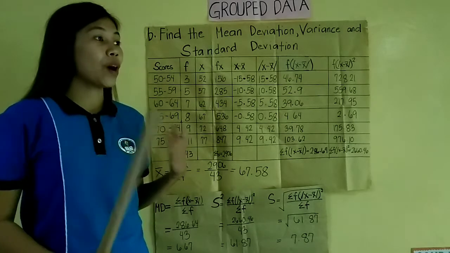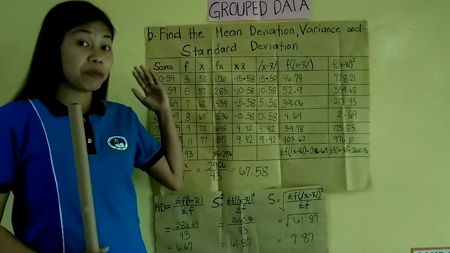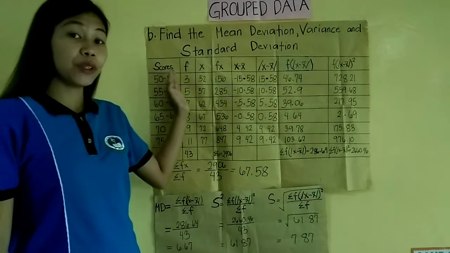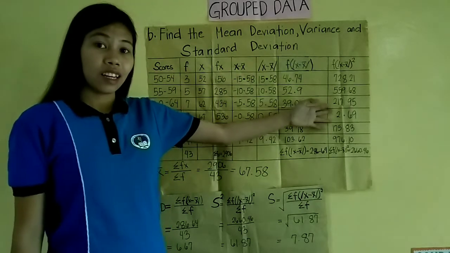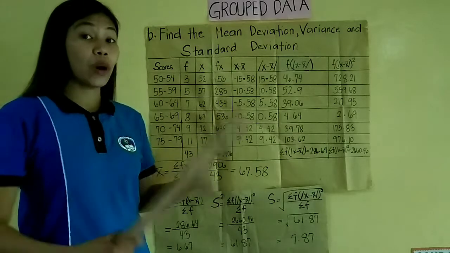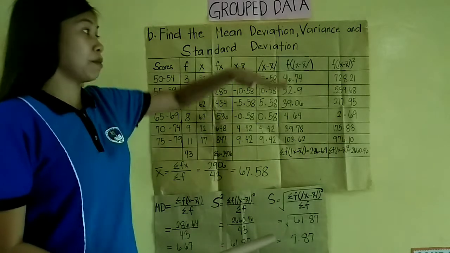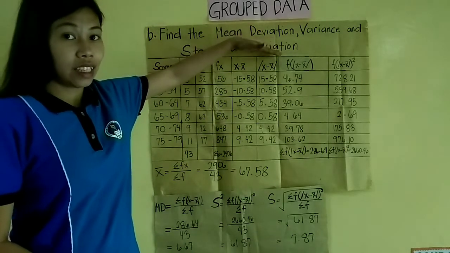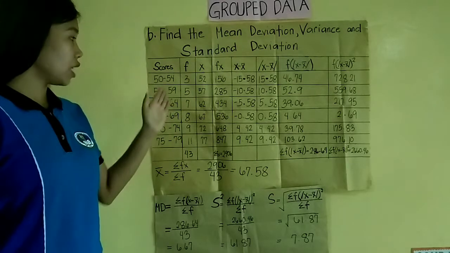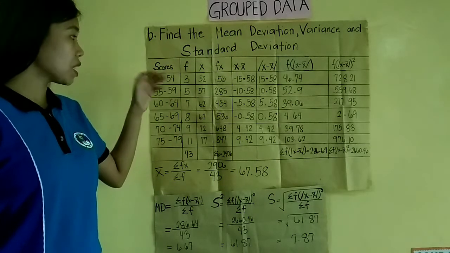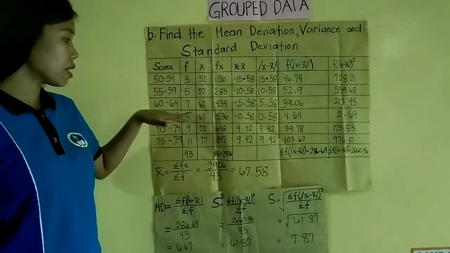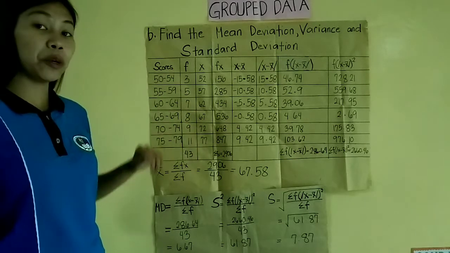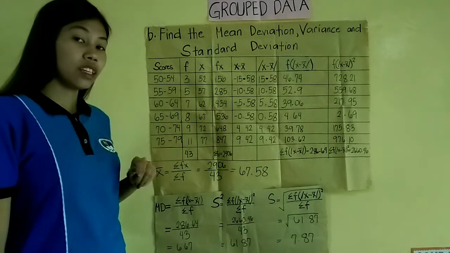It is better that when you get the measures of variability for grouped data, you make a table like this, so it is easier to go through the process of finding what we are looking for. Okay? So, our given frequencies are 3, 5, 7, 8, 9, 11 with a total of 43.